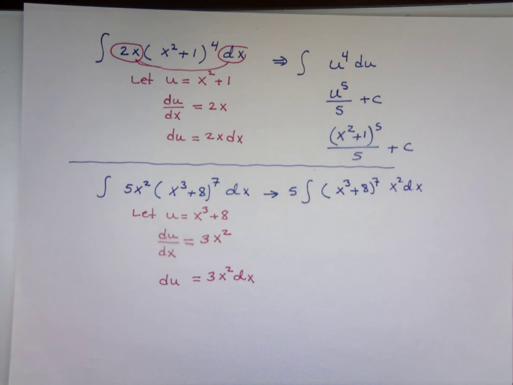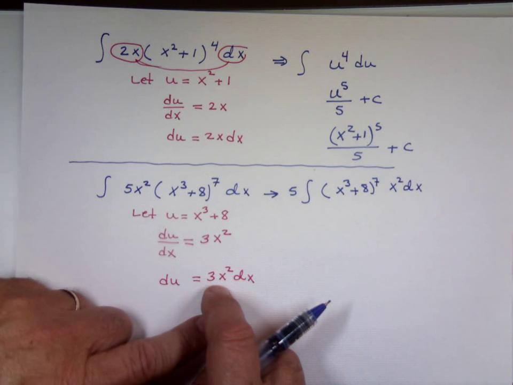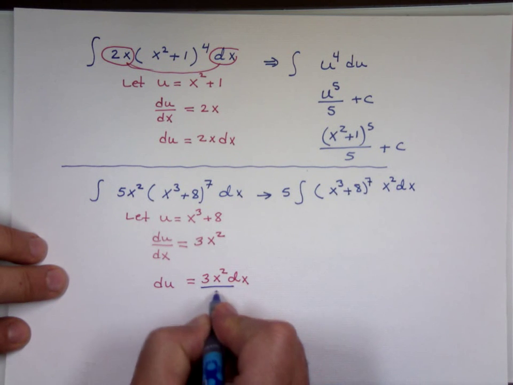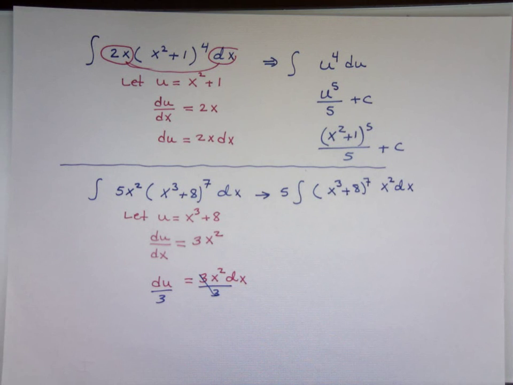Right? I took the 5 outside. Notice here, this is very similar to that, except I have the extra what? 3. Let me divide this side by 3 and this side by 3. What will happen to these? Gone. So now I can change this problem.